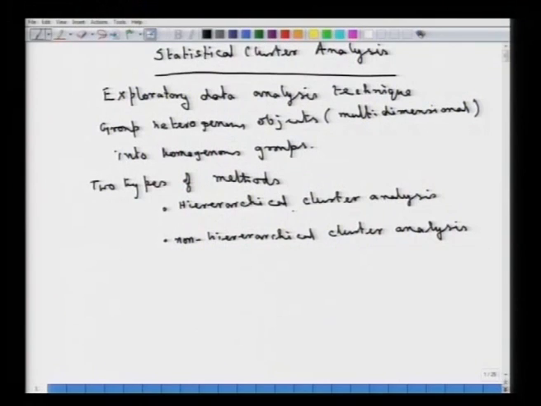So, let us look at how these hierarchical clustering techniques can be performed, and how the non-hierarchical technique can also be put forward. Now, let me give some definitions, then I will explain.